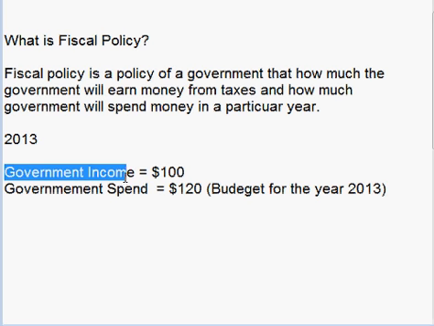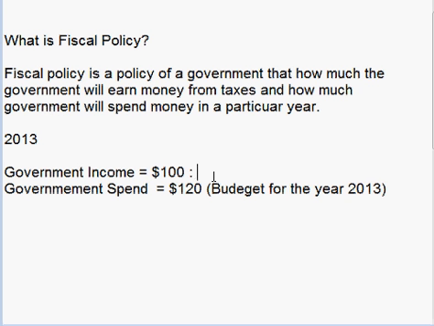That is the fiscal policy: government earning will be $100, but government spending would be $120.